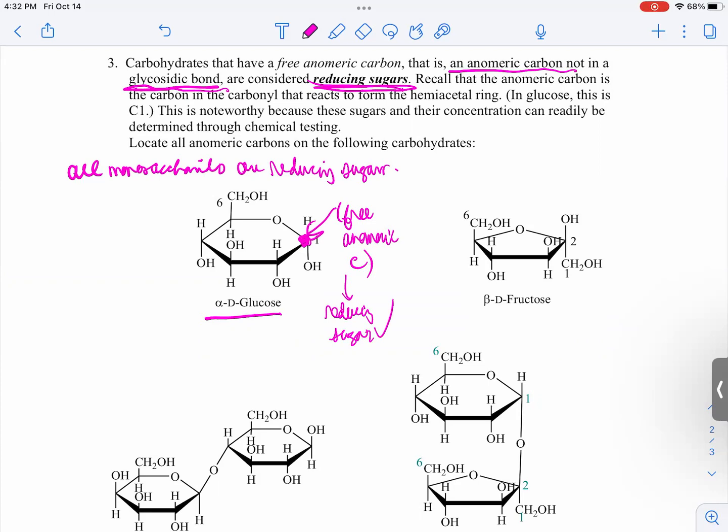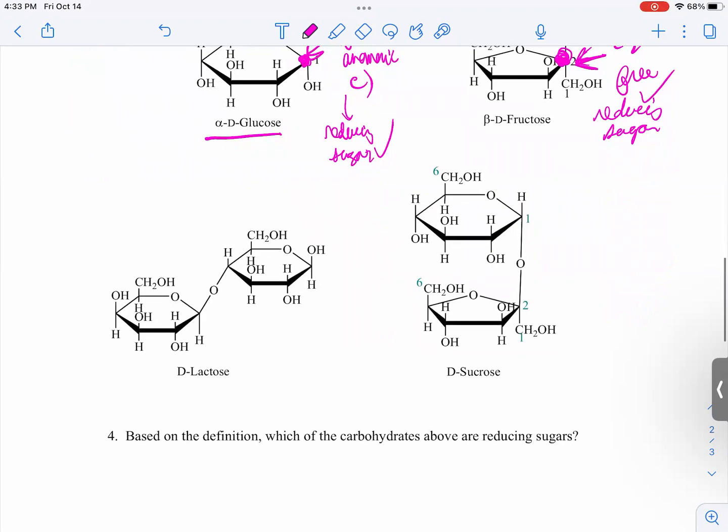It's easy to tell. All right, this for our fructose is our anomeric carbon, carbon 2, where it folds back on 2. So C2 is the anomeric carbon, and it is free, and it is a reducing sugar. It's a monosaccharide. D-lactose.